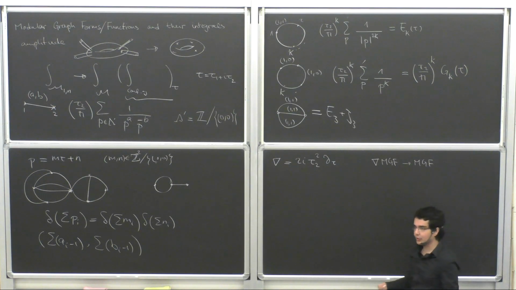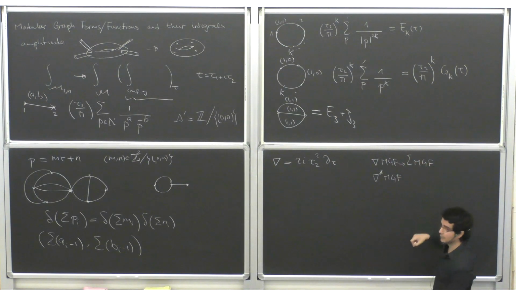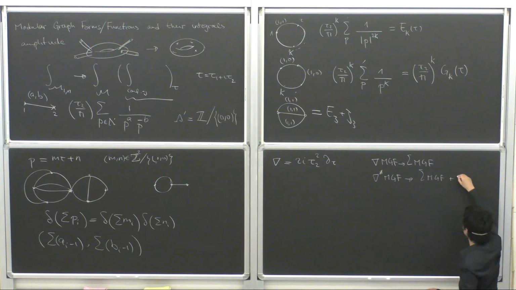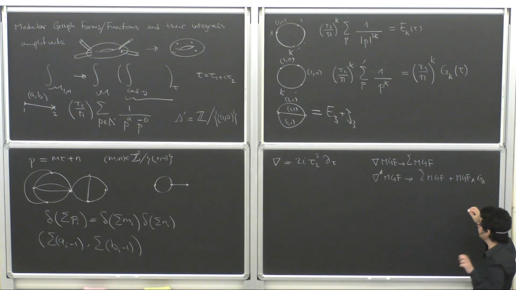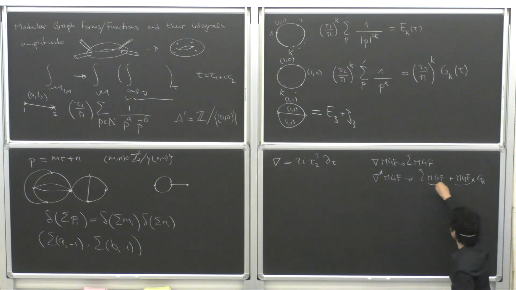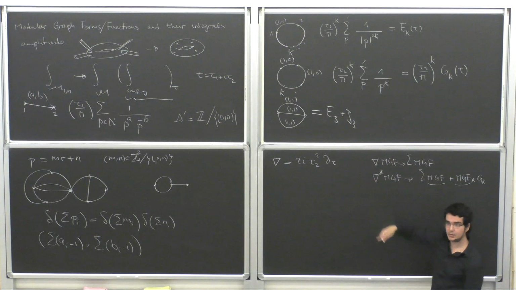And whenever you use it multiple times over and over again, or it's better to write the combination of different modular graph forms, it gives you a combination of modular graph forms, but at some point, one of them looks like this, a modular graph form times a holomorphic Eisenstein. So now we can use some kind of sieve algorithm: for the other MGFs that we don't know, again, we act by this over and over.